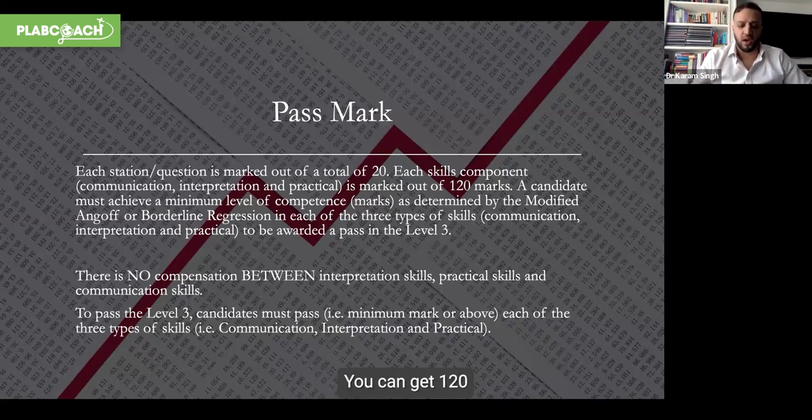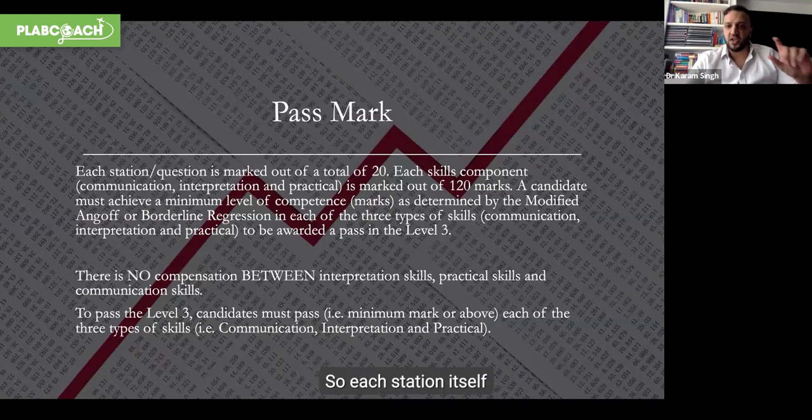That's your maximum you can get. 120 for practical, 120 for communication, and 120 for interpretation skills. Each station itself will be marked out of 20. So for example, if you're doing history, that will give you 20. Suturing, 20. So 6 stations, 20 each, 120 marks maximum.